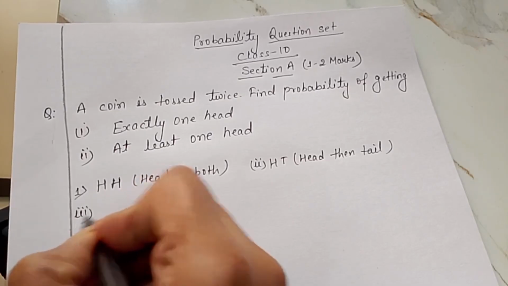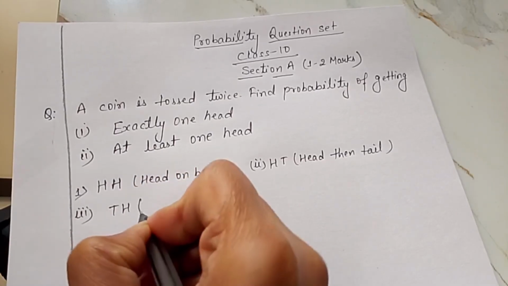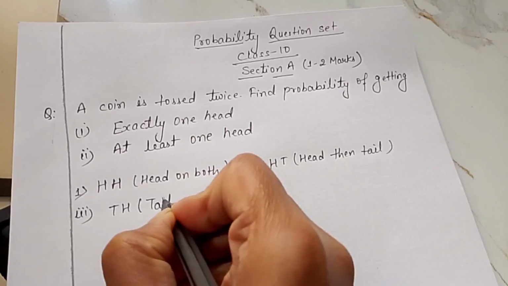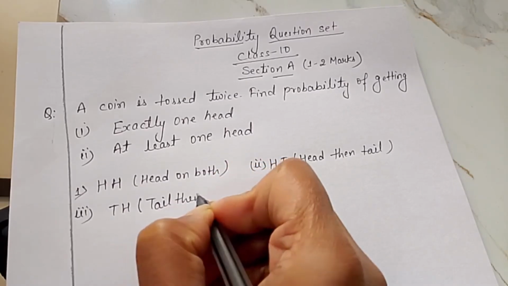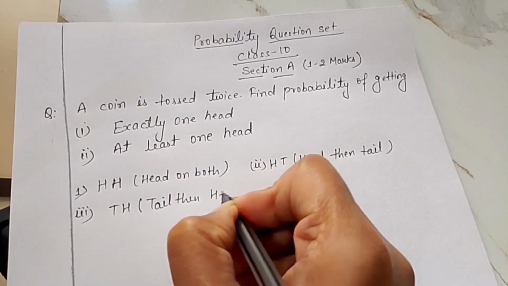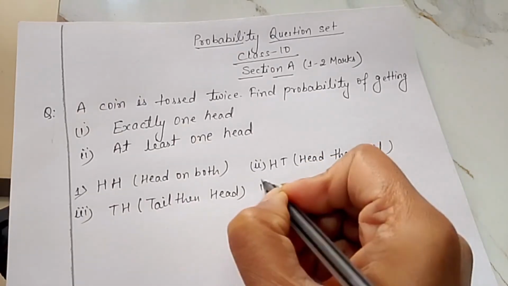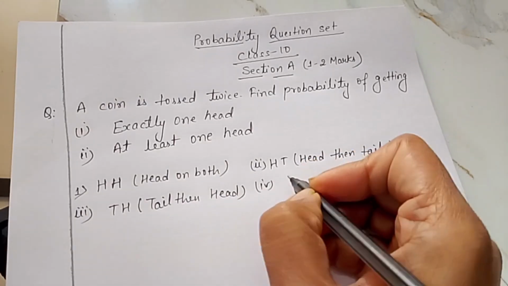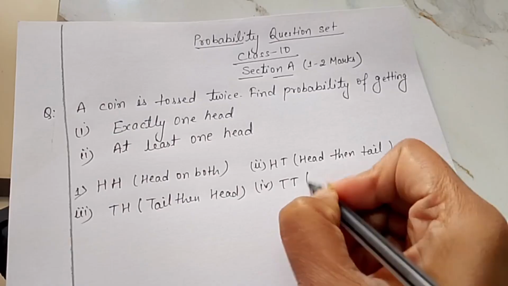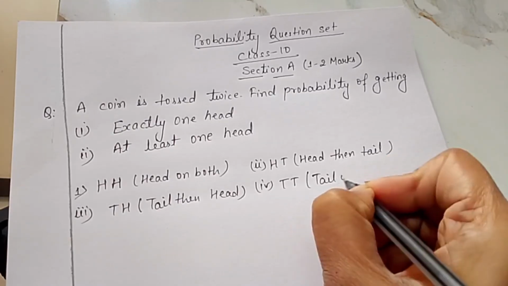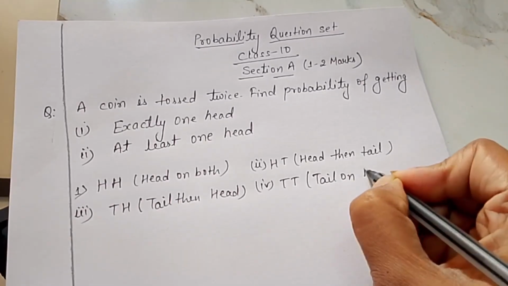Third one, TH, tail, then head. Fourth one is TT, tail on both.